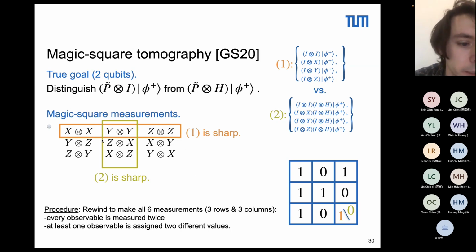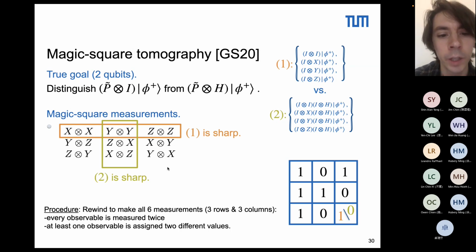So essentially what the magic square promises us when we do this measurement is that we will know that at least one observable is not sharp. And then if, for example, here it's not sharp, then we know that it must have been the other state that we measured. And if we have it here, we know that it's the first one.